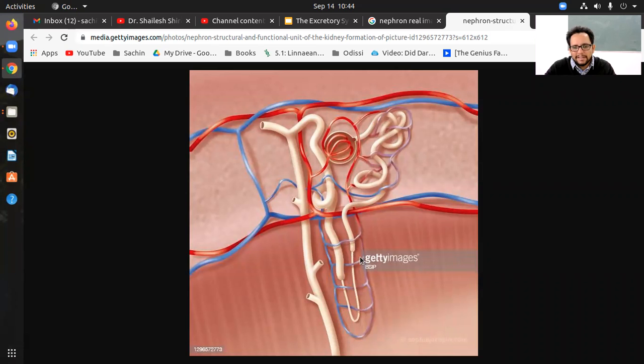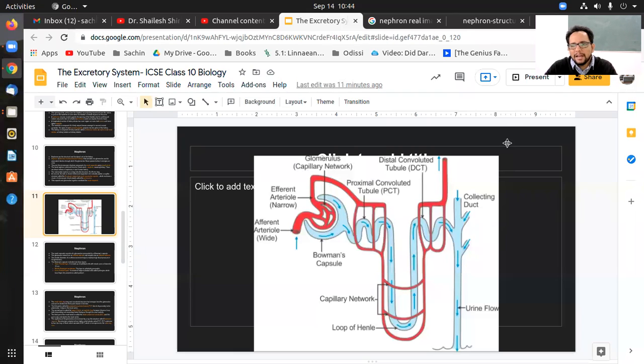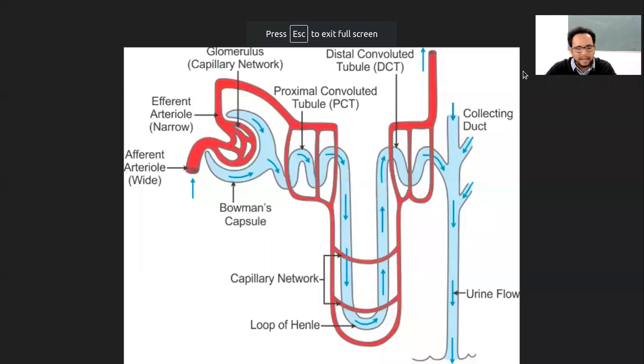Henle's loop has thinner diameter to some extent, and they again go for higher diameter, and then it continues like that. So that is how these structures are present. But like I said, this is the representative diagram, so that's why they might have shown the same diameter throughout the renal tube.